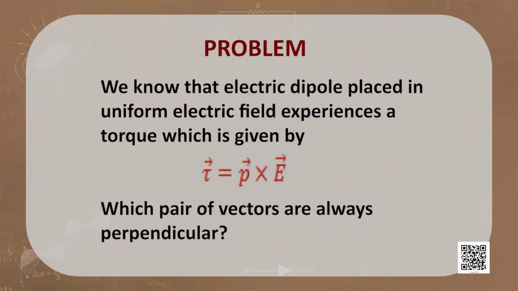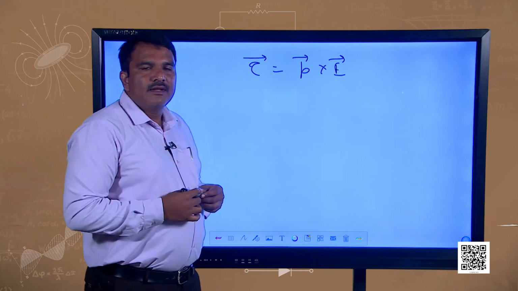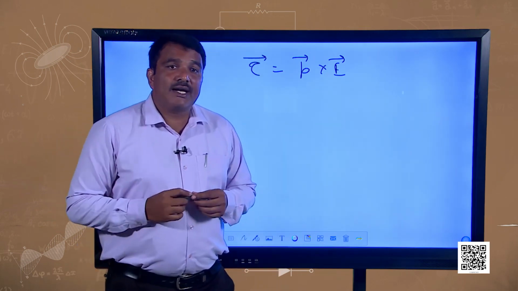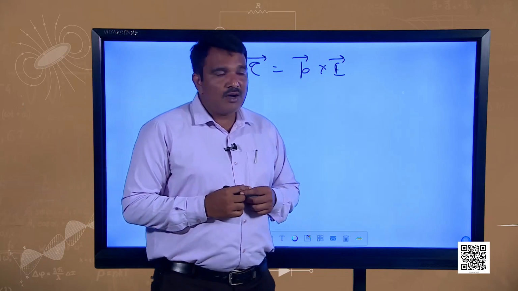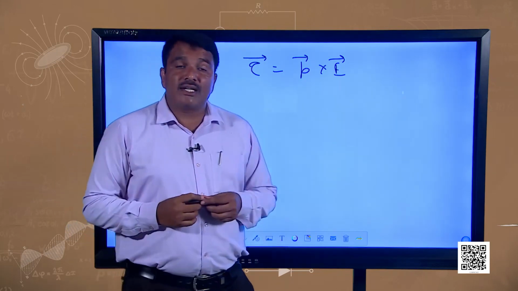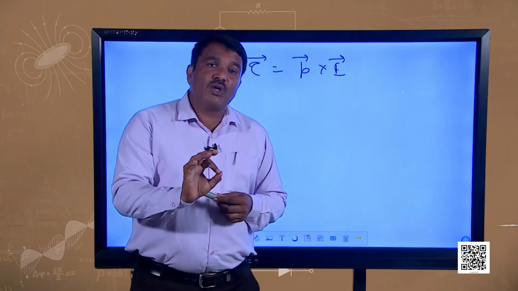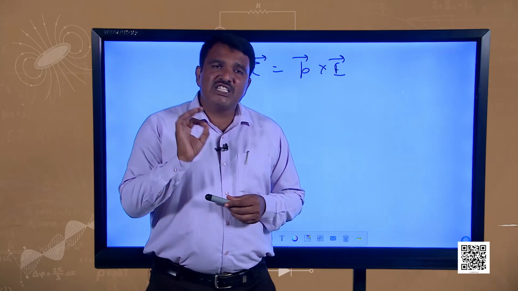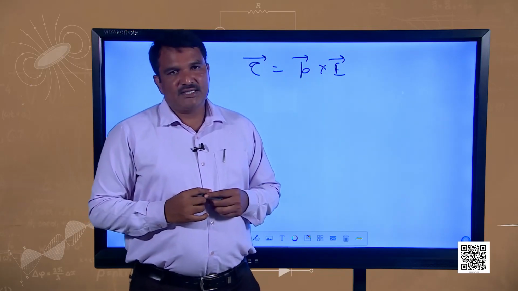We know that electric dipole placed in a uniform electric field experiences a torque, and this torque is given by P cross E, where symbols have usual meaning. Which pair of vectors are always perpendicular? Now, from the property of cross product, you know that the cross product of two vectors is another vector which is perpendicular to both the vectors.